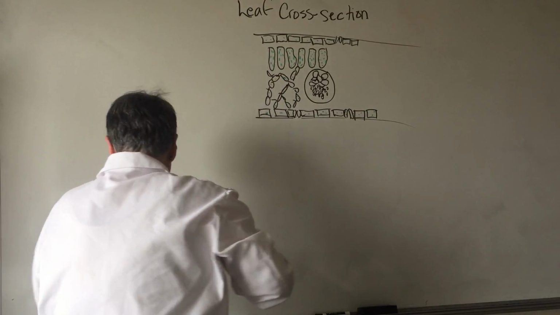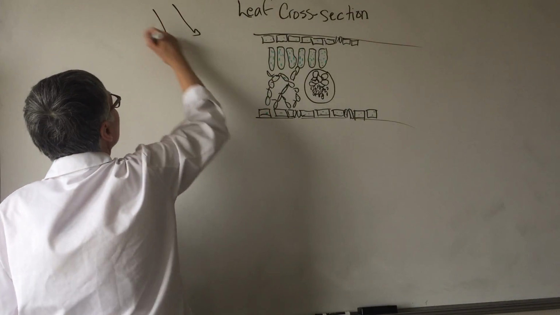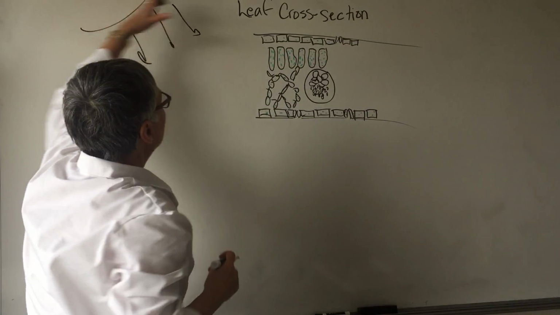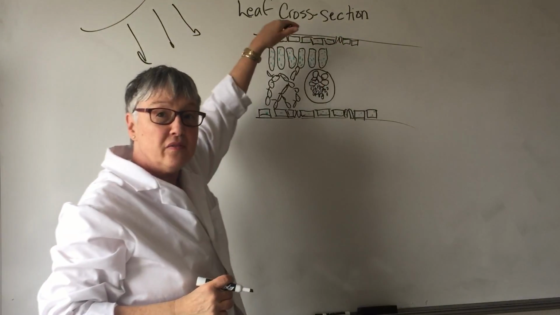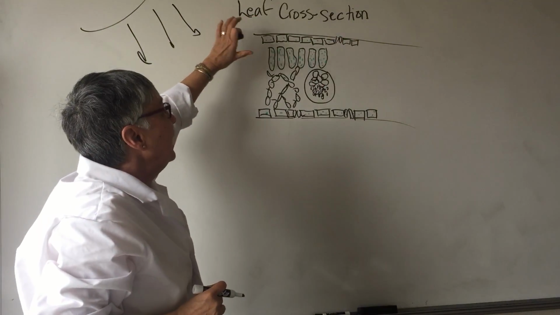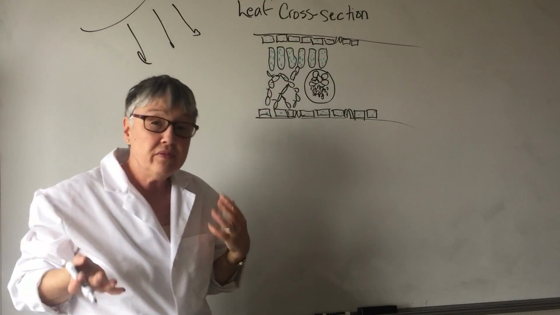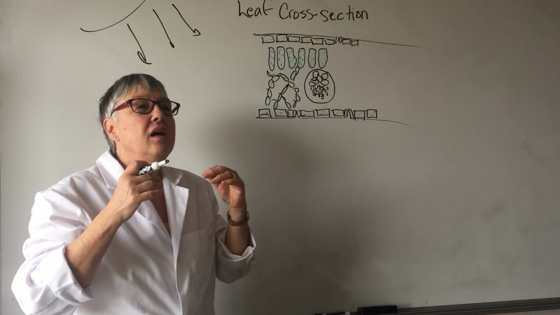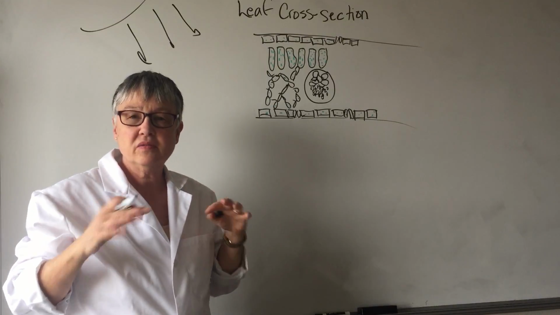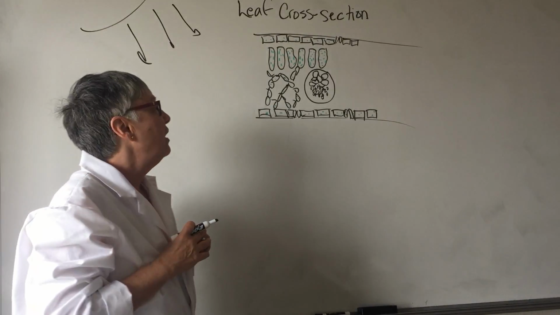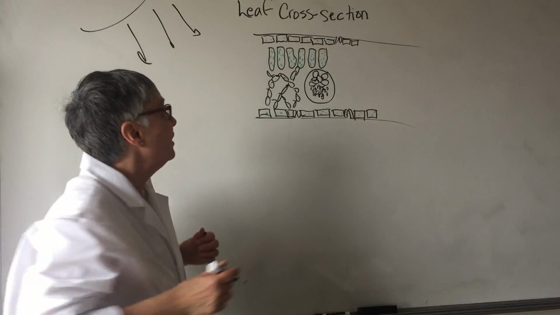We're going to let the direction of the sun be here, so this is going to be the upper surface of the leaf, and I'm going to first talk about the leaves that we're more familiar with, deciduous leaves, very flat blades, a lot of surface area.